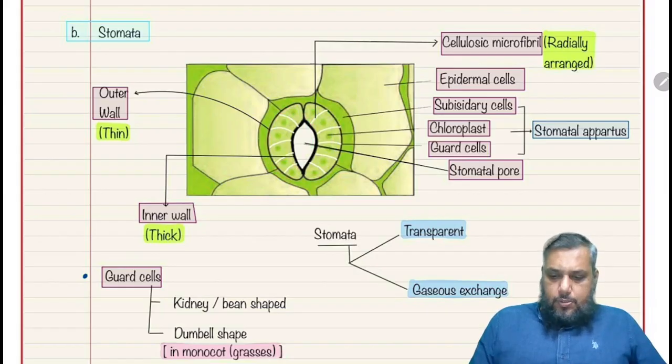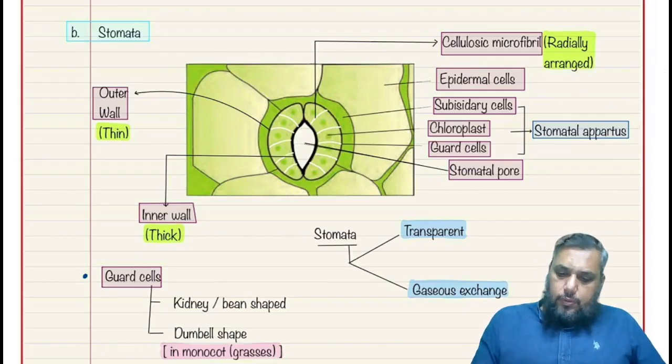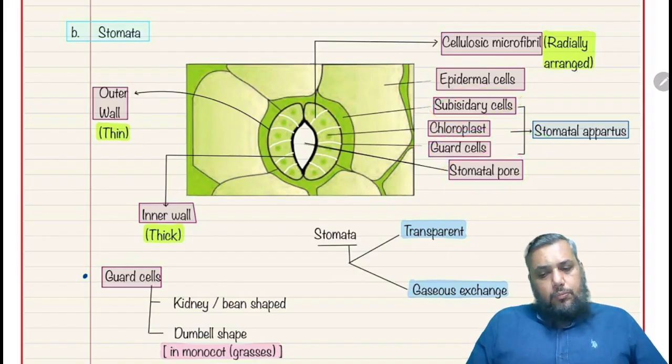It shows the presence of a pore called the stomatal pore, and the guard cells are surrounded by cells which are called the subsidiary cells. And these three things together we call the stomatal apparatus. So the stomatal apparatus consists of the subsidiary cells, the guard cells, and the stomatal pore.